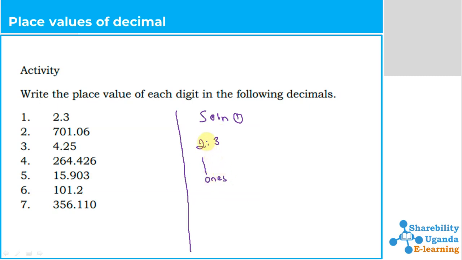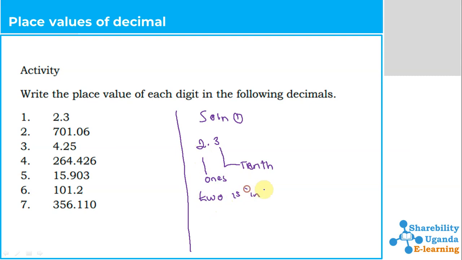When there is a point, this one starts from tenths. So now here we shall give them place values.